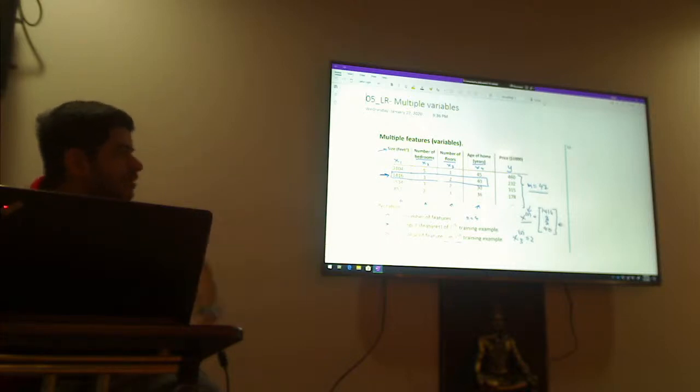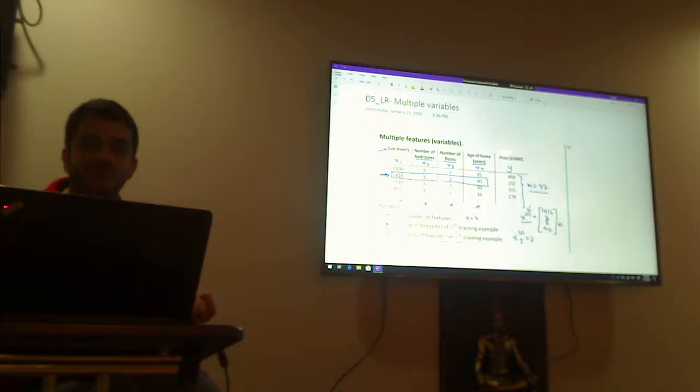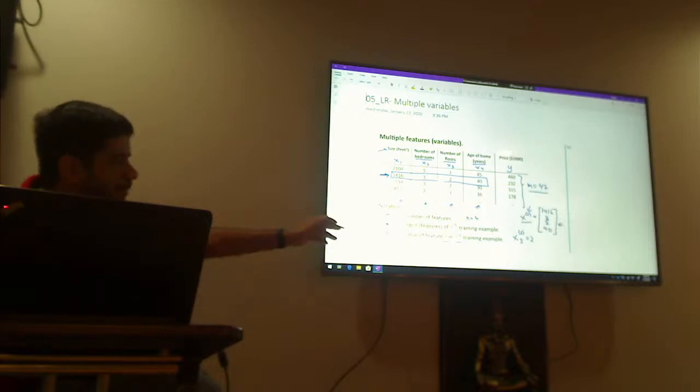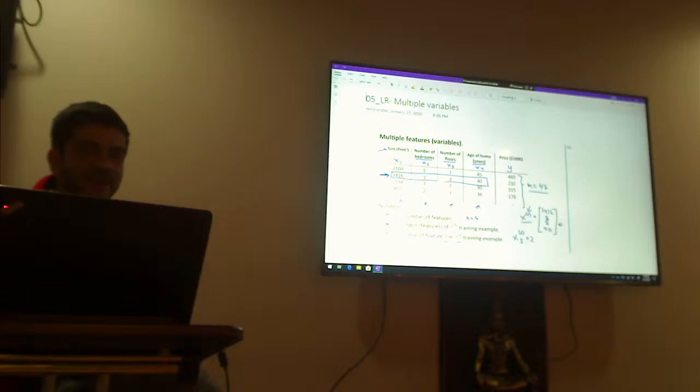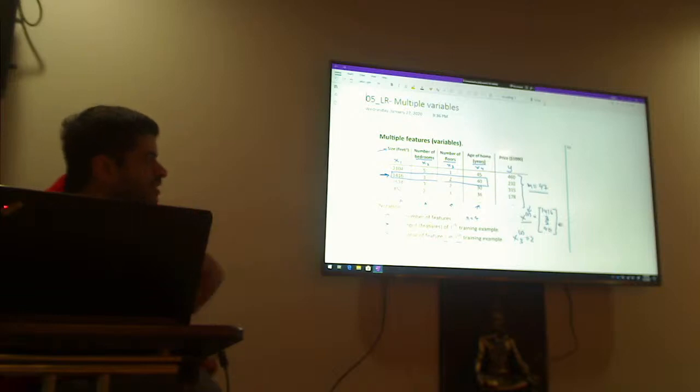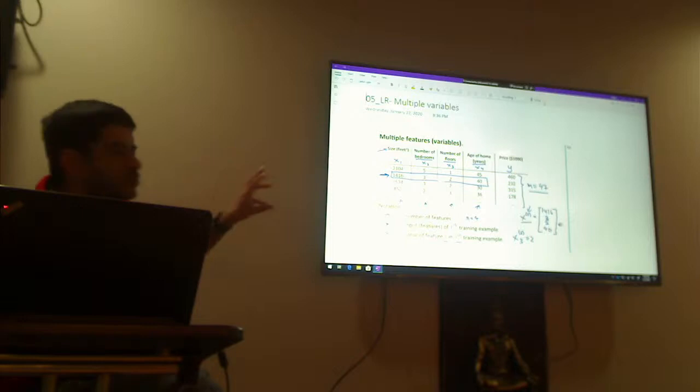Here x means input features. y means expected feature or the output value. That's it. So the input feature xi means what? If I ask what is x2 here, what exactly is it? Exactly, number of floors.